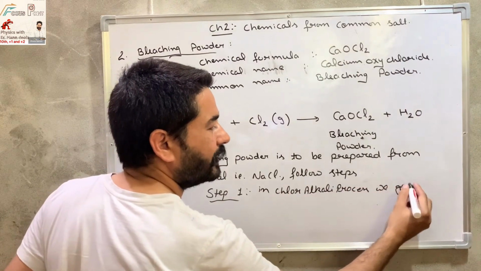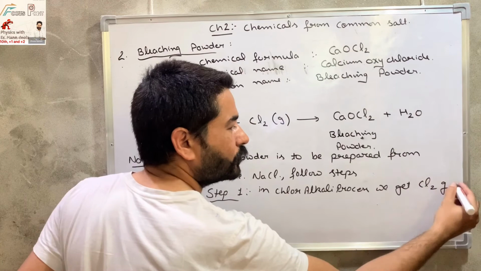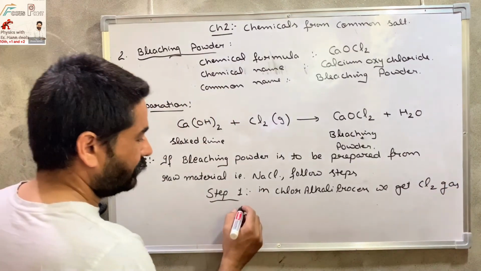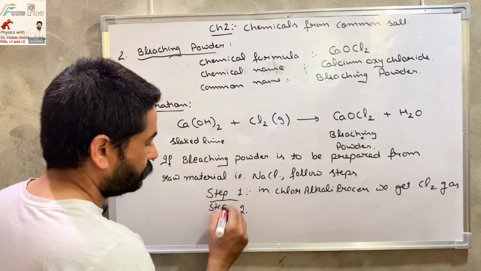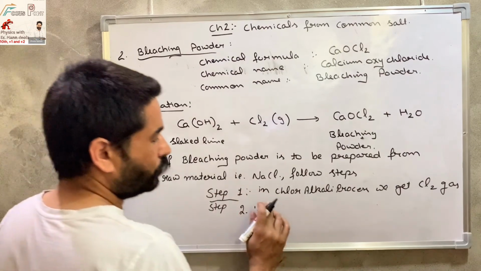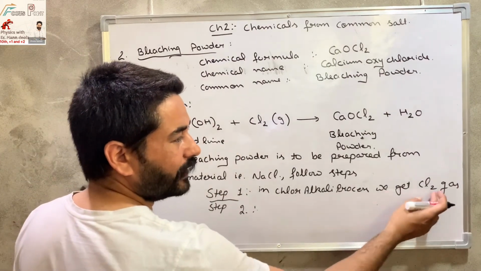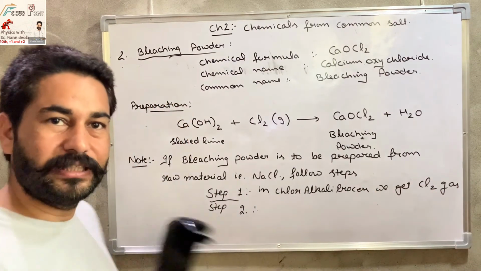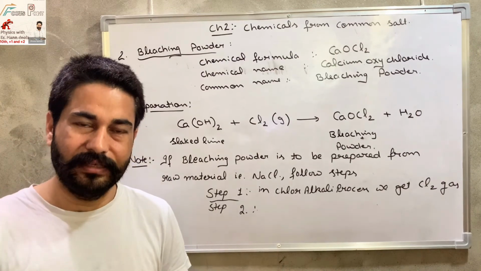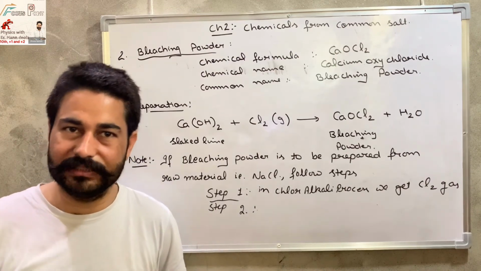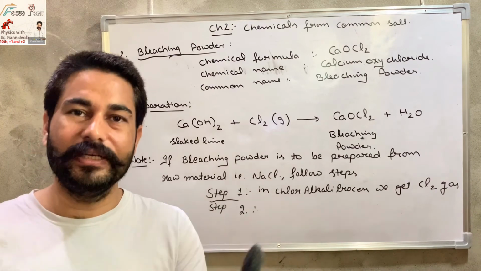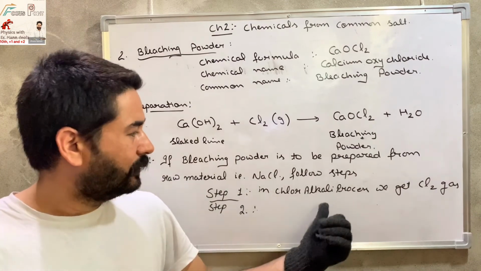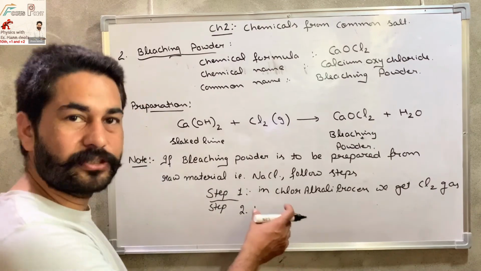We get chlorine gas, so that reaction you have to write. And the second step is the same. In the chloralkali process the raw material used is sodium chloride, NaCl plus water forms caustic soda plus H2 plus Cl2. That chlorine gas which we get from the chloralkali process would be passed through the slaked lime.